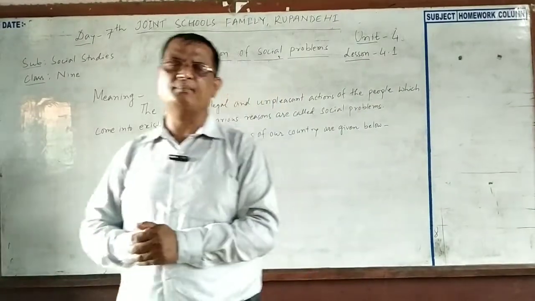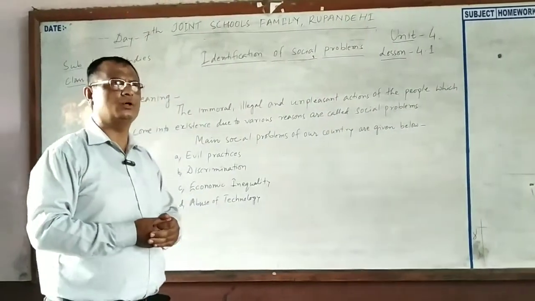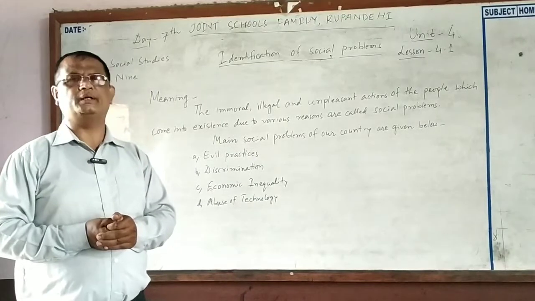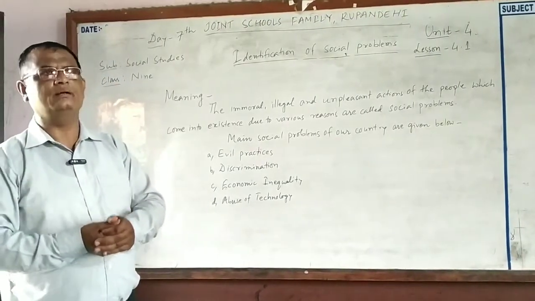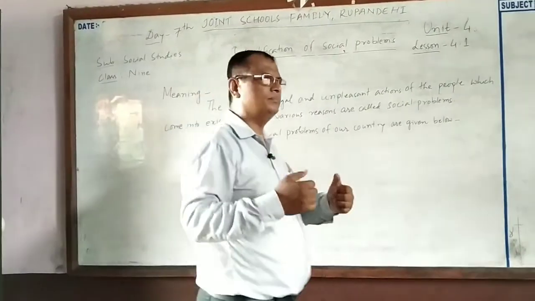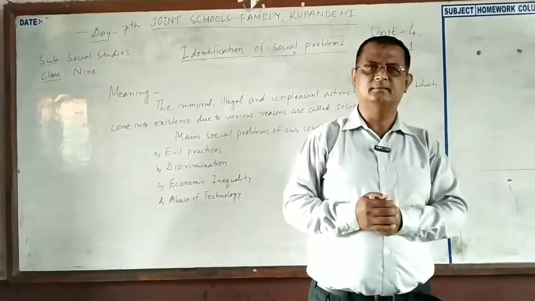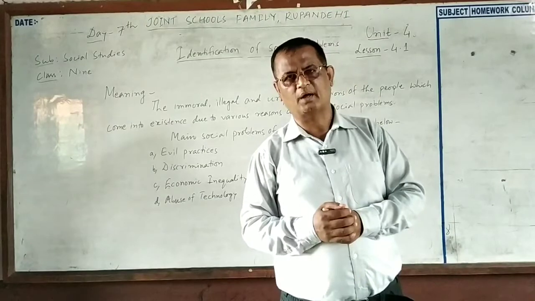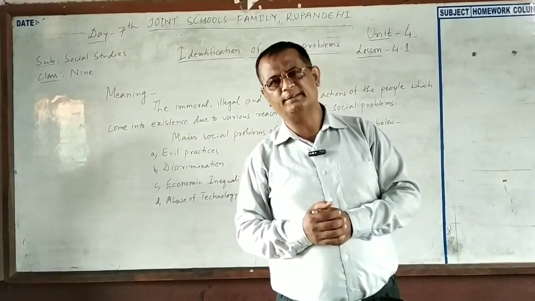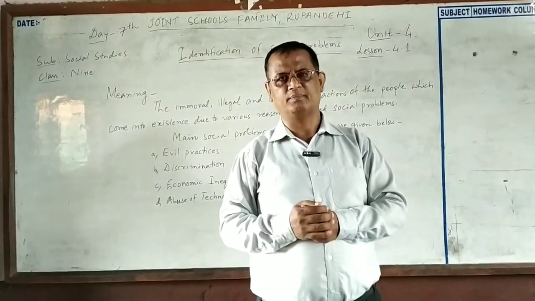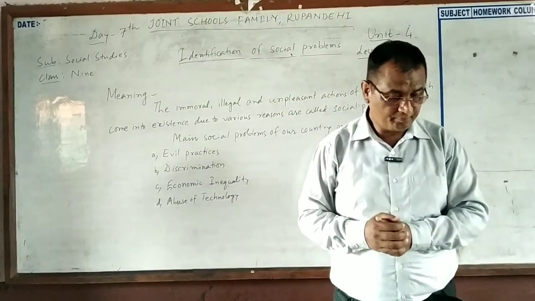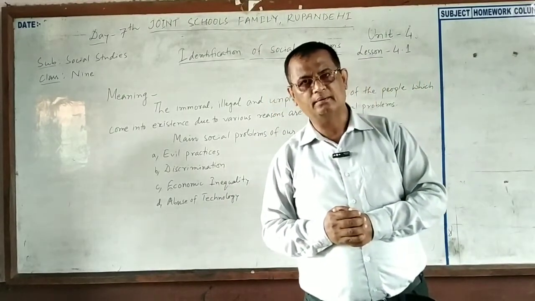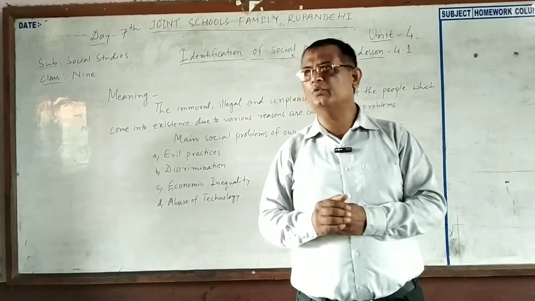But what happened when the boys and girls grew up, they lose their lifestyle, and ultimately child marriage becomes a problem to both boys and girls. Like Jhuma Pratha, Chaupadi Pratha, dowry system, that you know well.